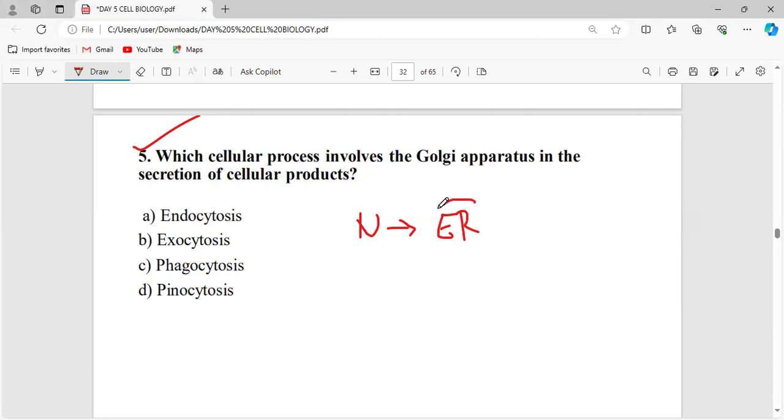After the synthesis of proteins or lipids, they have to be sent to the Golgi complex. There are some important COP proteins here: COP2, COP1, and clathrin protein are also involved.